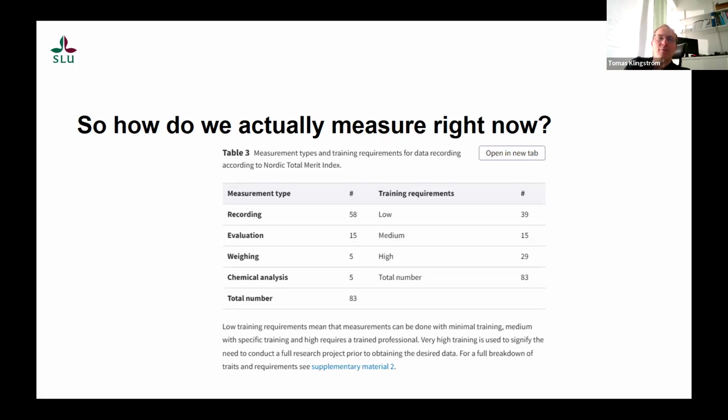Then you also have evaluations where you have an expert, for example, evaluate the body conformation or the temperament of the animal, which requires a lot more training, but it's still something that's written down.